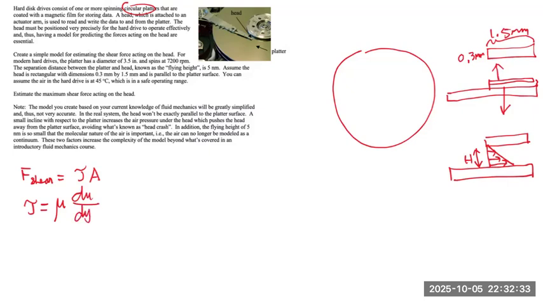And du over dy is the rate of shear strain. So in a Newtonian fluid, the shear stress is directly proportional to the rate of shear strain. That is why tau is equal to mu times du over dy.